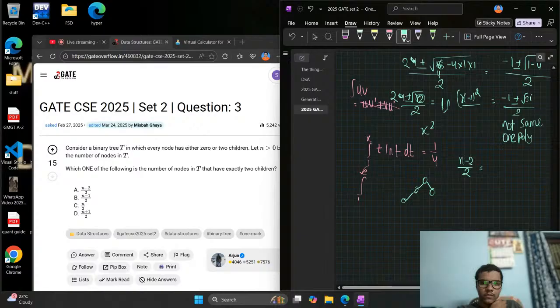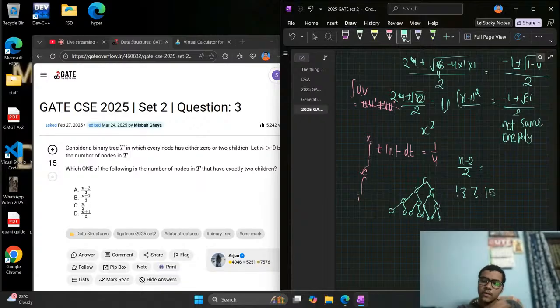So the tree is implying to be a complete binary tree. So we have 1, 3, 7, 15, right?